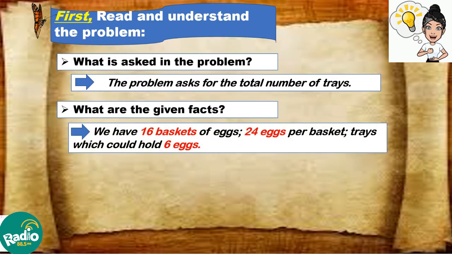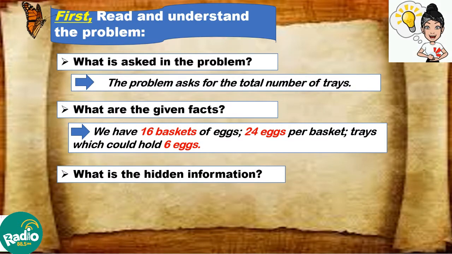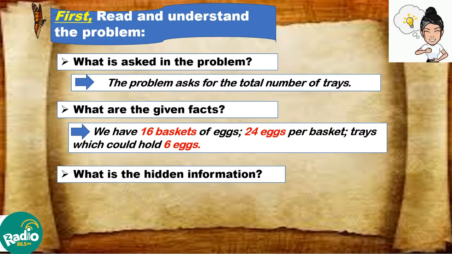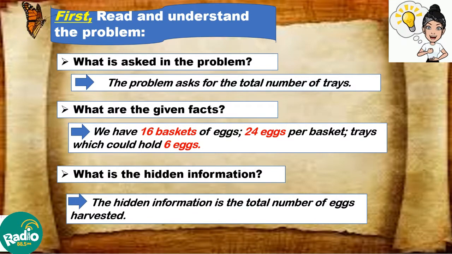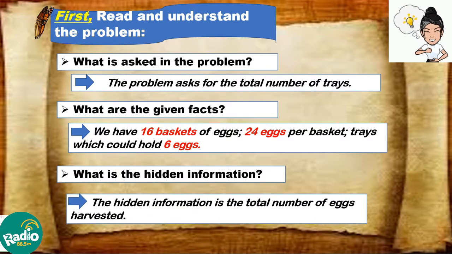Right, we have 16 baskets of eggs, 24 eggs per basket, trays which could hold 6 eggs. And what is the hidden information? Correct! The hidden information is the total number of eggs harvested.